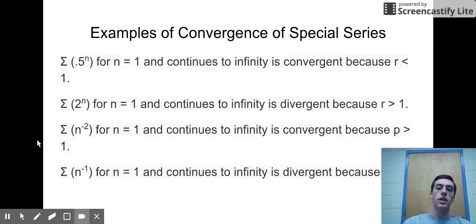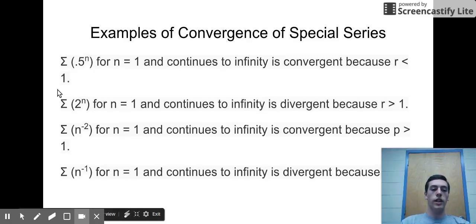That is convergent because r is less than 1, because r is 1/2, since it's r to the n, which is 1/2 to the n, and 1/2 is less than 1. Therefore, it's convergent.